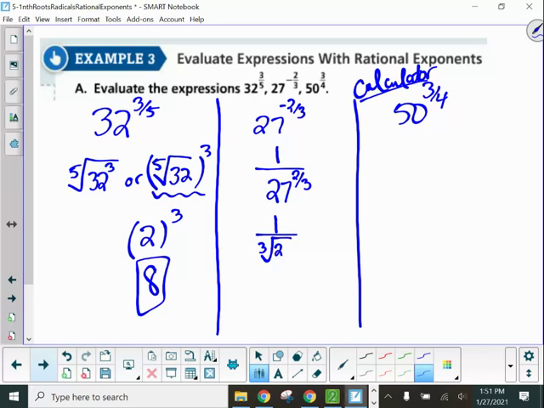Well, the cube root of 27 is 3. 3 squared is 9, so my answer here is 1/9.